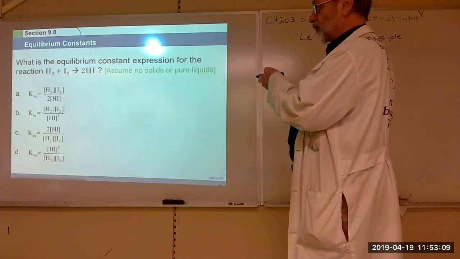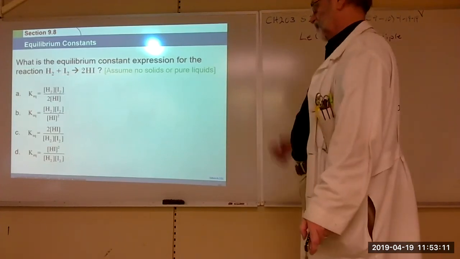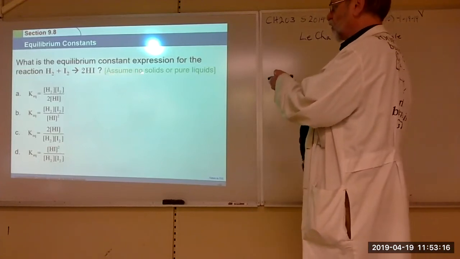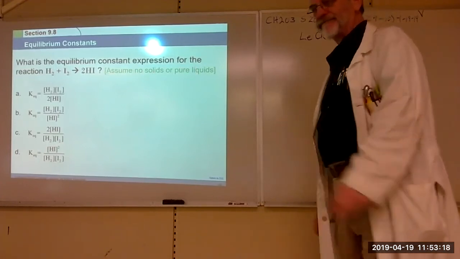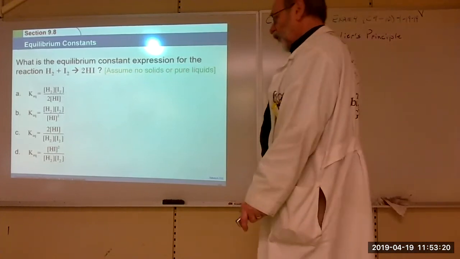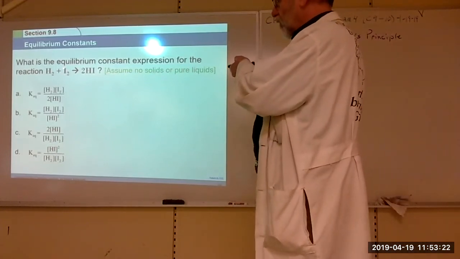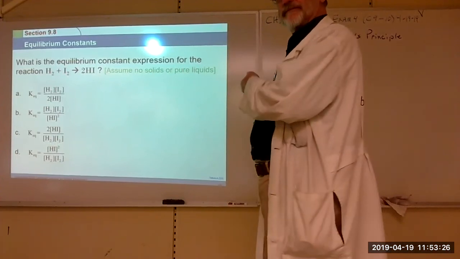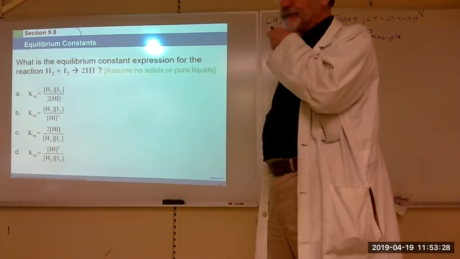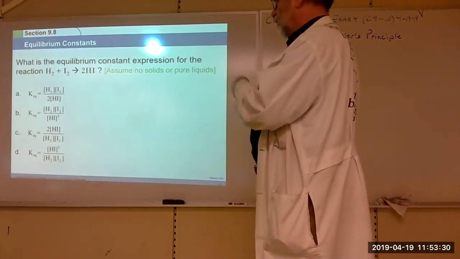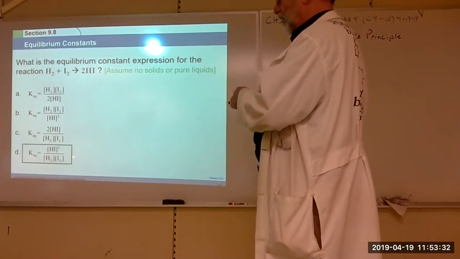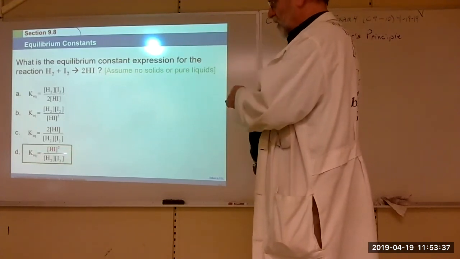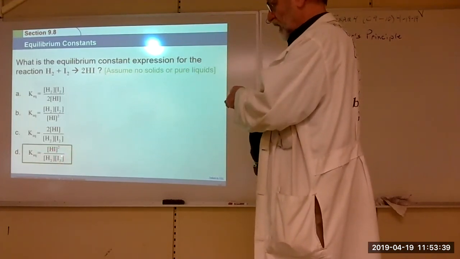Actually, iodine at room temperature is a solid. That's why we say assume no solids or pure liquids. In reality, this part of the equation would go out because iodine is a solid at room temperature. But for argument's sake, we're going to say it's not, and this would be the expression. If we do say that it's a solid, you would just remove that factor right there.